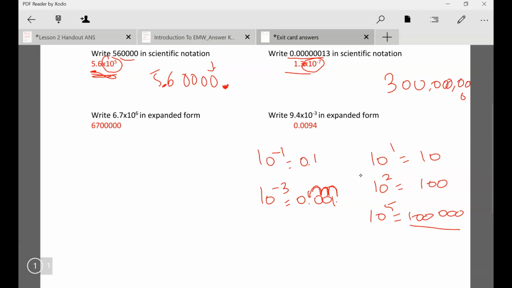We figure out how many places we've moved it: 1, 2, 3, 4, 5. We moved it 5 places, and because the magnitude of this number is greater than 1, we use the positive power: 5.6 times 10 to the power of positive 5. We can't write negative 5 here because that would make it a very small number. Hopefully that makes sense.